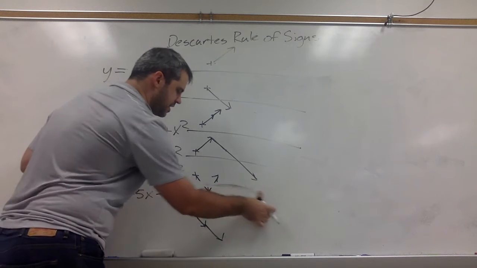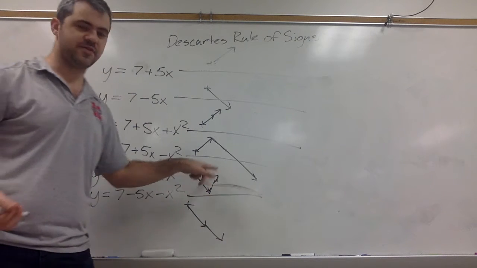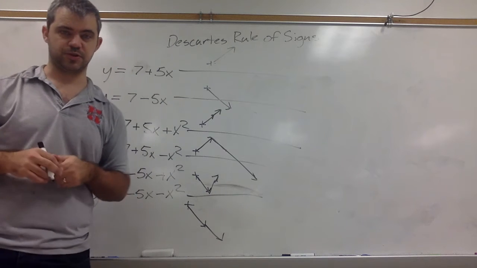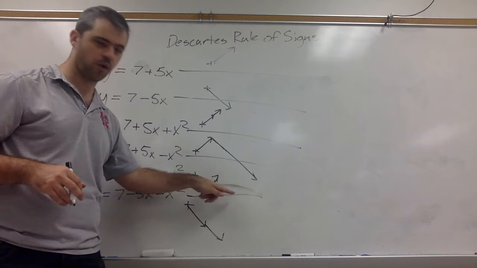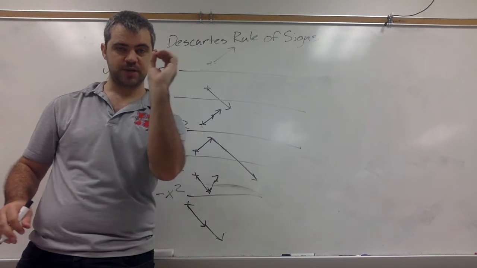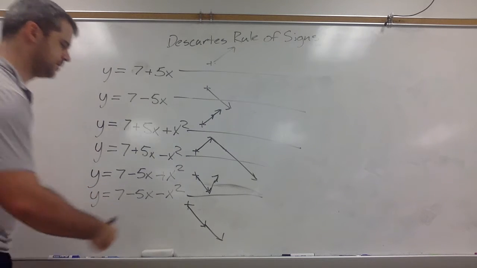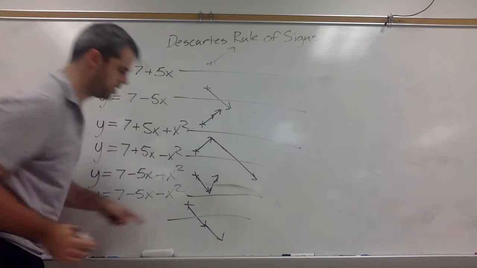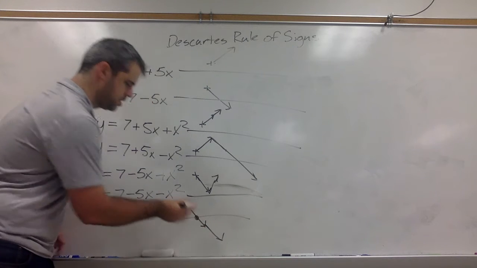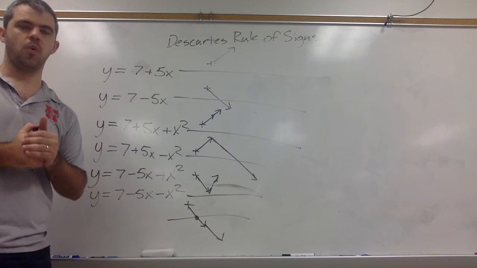But if it winds up turning around before this, then it's going to be 0 solutions because it turned around before we hit here. So it could be 2 solutions or it could be 0 solutions. Let's look at this guy. Started positive, goes under, keeps going down, hits 1 time. That's because the sign changed 1 time.